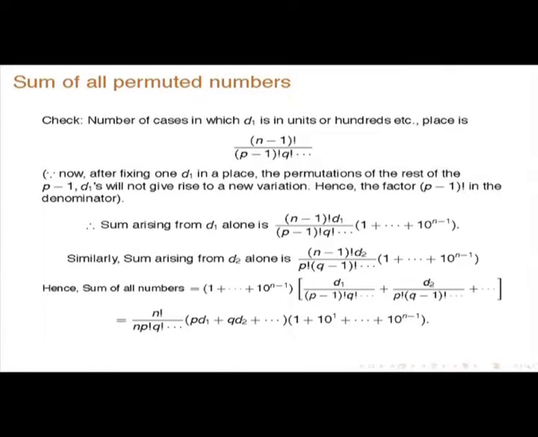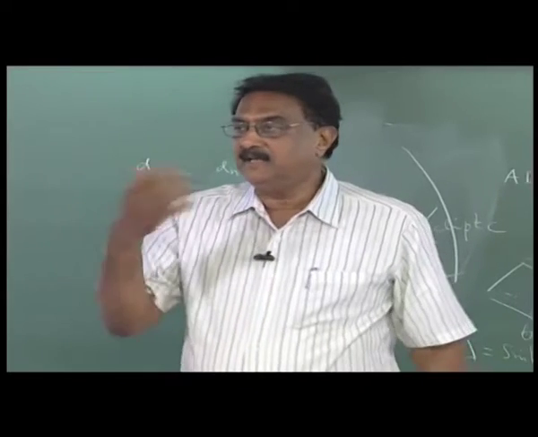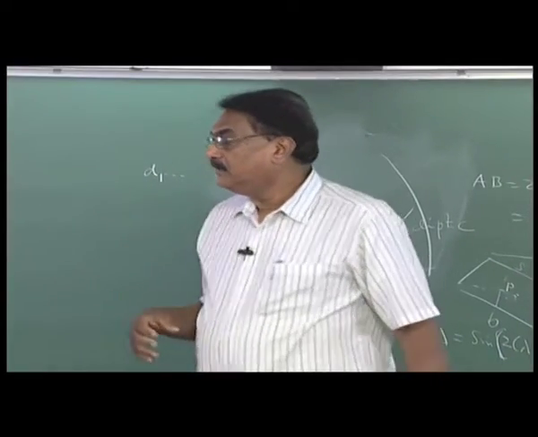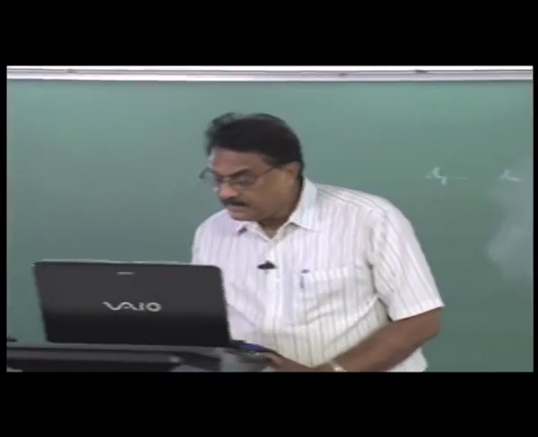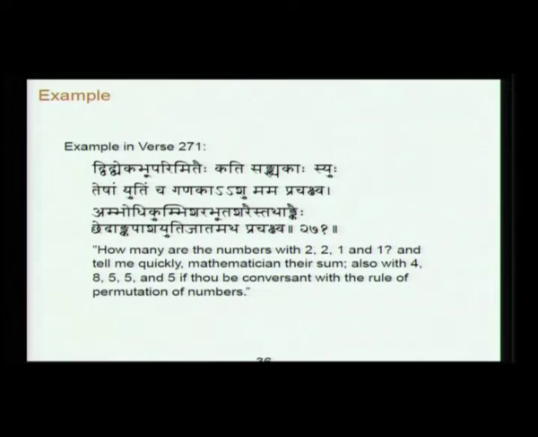So this is a new thing that he is doing, that some of the digits are alike, identical. For example, he takes the case of how many numbers there are with 2 2 1 1. Here two of them are alike, and here 1 and 1. And tell me quickly, mathematician, their sum also, with 4 8 5 5 5, if thou be conversant with the rule of permutation of numbers.